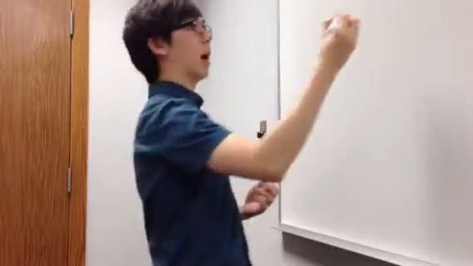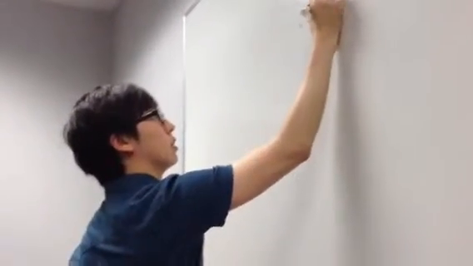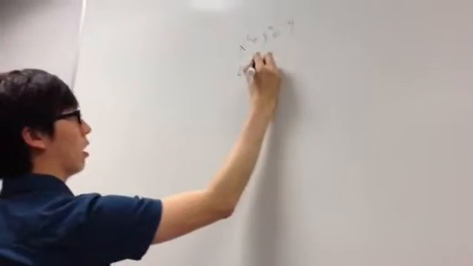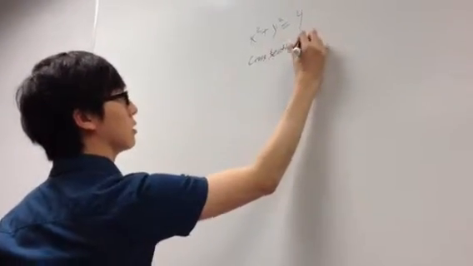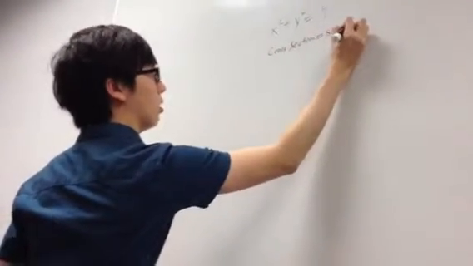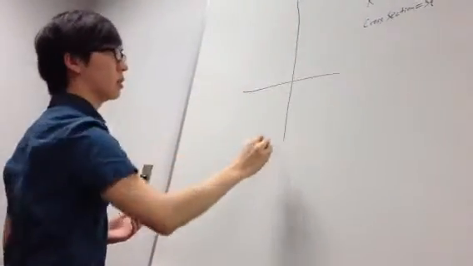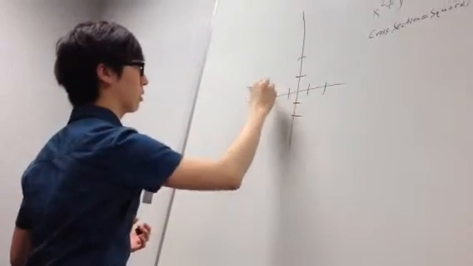Say you have the equation x squared plus y squared equals 4, and you have cross sections of squares. So let's first just draw the graph, see what we are dealing with. Basically you have a circle of radius 2.